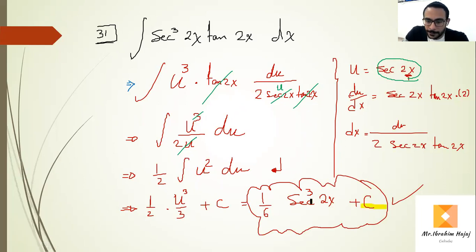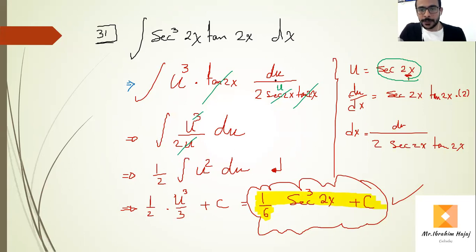Where did we get u cubed over 2u? Where did we get 2u from? Didn't we let u be secant 2x from the beginning? We did from the beginning that u is secant 2x, and we took the derivative, sec 2x times tan 2x.